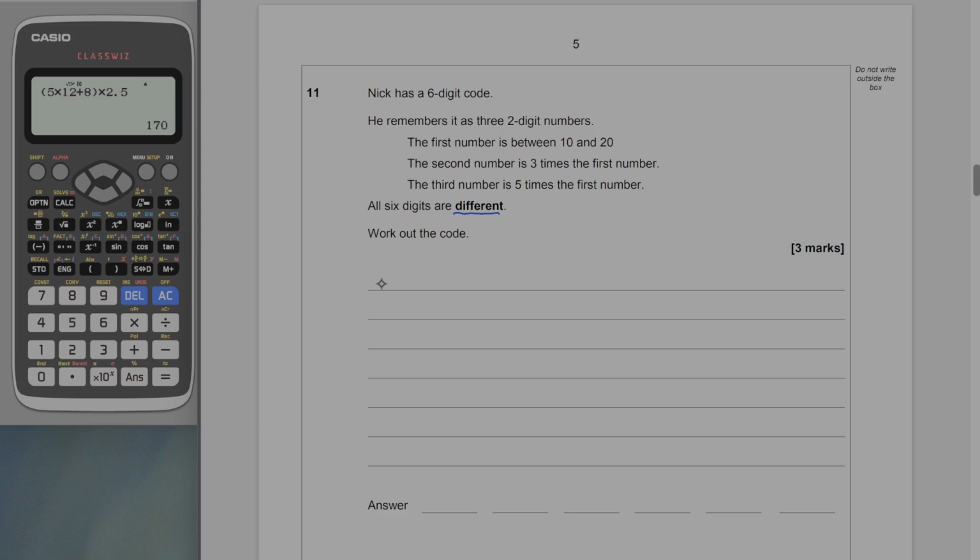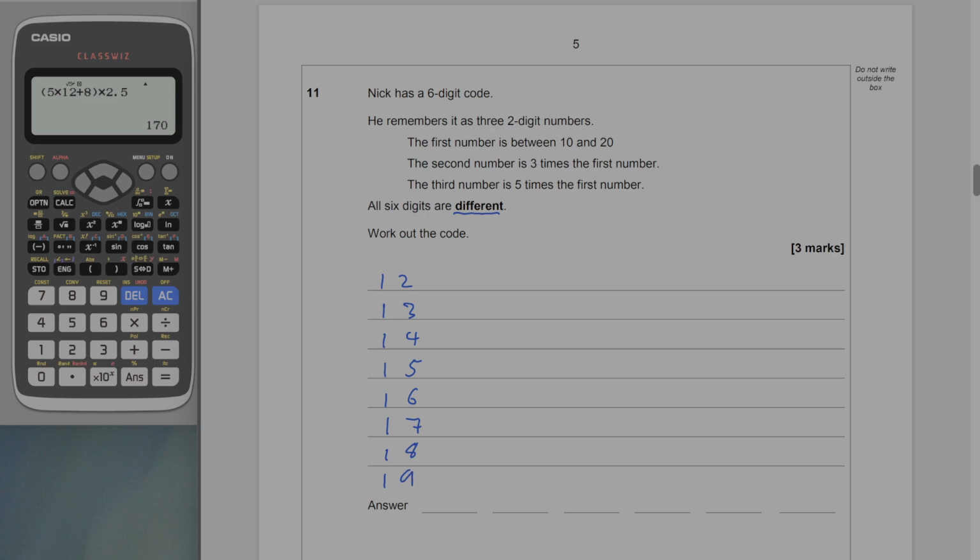The first one can't start with a 1 and a 1, so it's got to either be a 1 and a 2, 1 and a 3, 1 and a 4, 1 and a 5, 1 and a 6, 1 and a 7, 1 and an 8, or a 1 and a 9.